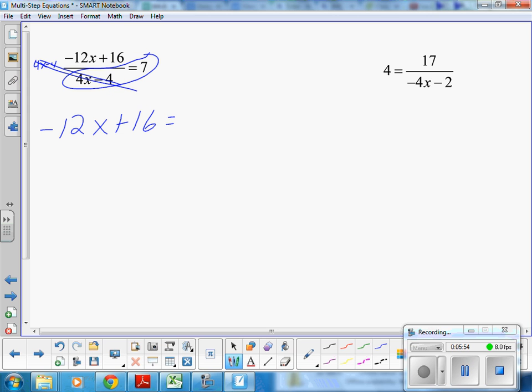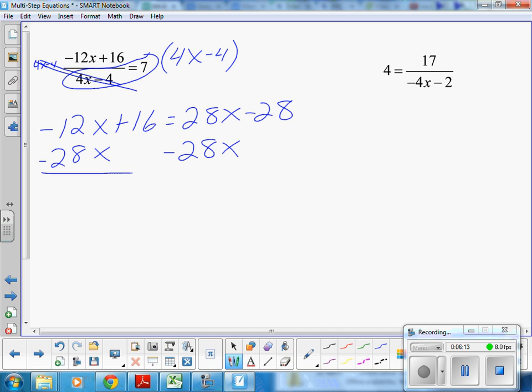On the right side, when I multiply by the 4x minus 4, I get 28x minus 28. I have x's on both sides. I choose to get rid of the x on the right side always. I don't know if I should say always, but most of the time. If you wanted to get rid of the negative 12x, you would add 12x to both sides. Your x would end up on the other side.